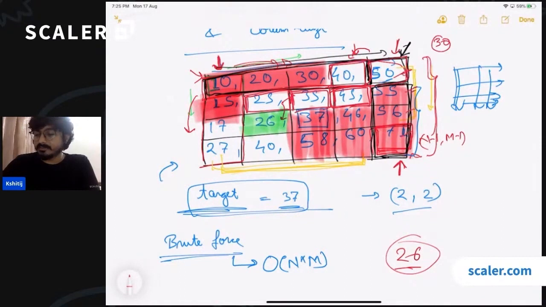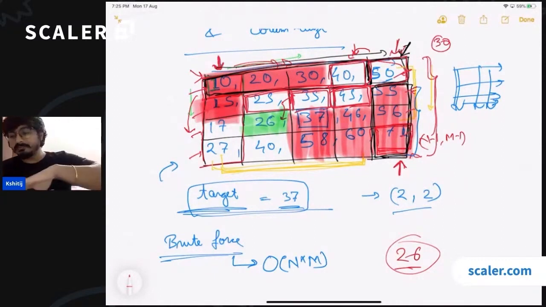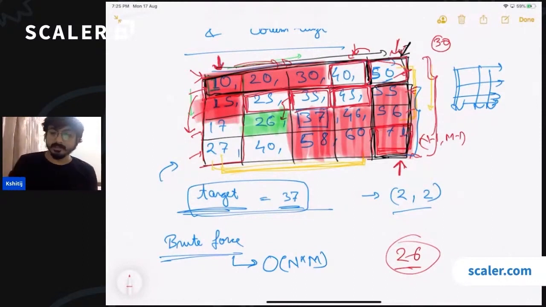So 30 can be present in any of the rows. 30 is greater than the first number of all the elements in the first column. 30 is less than all the numbers in the last column. So 30 has got a chance of being present in each and every row. So you will have to apply binary search in every row. And if you are applying binary search on each and every row, then that will be n log m.